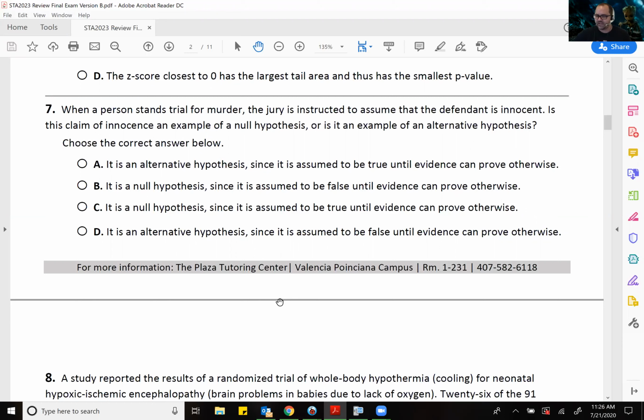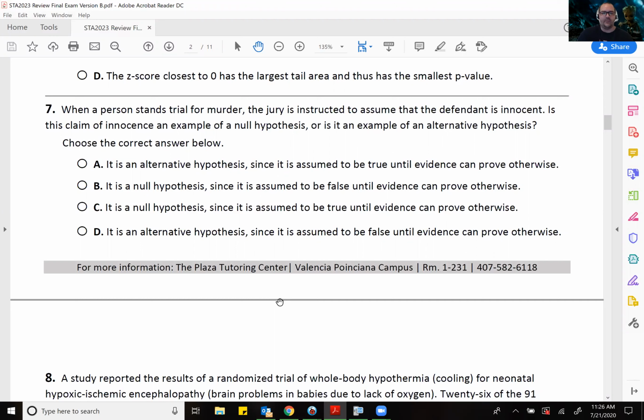So in section 8.3, it says, when a person stands trial for murder, the jury is instructed to assume the defendant is innocent. Is this claim of innocence an example of a null hypothesis or an example of an alternative hypothesis? So when the jury is instructed to assume the person is innocent, that is the null, because this is what you have to accept as true in the very beginning.